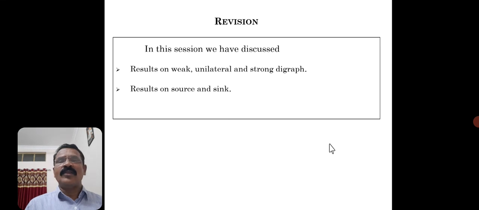Okay. So now in this session, we have recalled the concepts of walk, path, cycle, and the concepts of weakly connected digraph, unilaterally connected digraph, and strongly connected digraph. We took some results based on the weak, unilateral, strong in terms of semi walk, path, cycle.